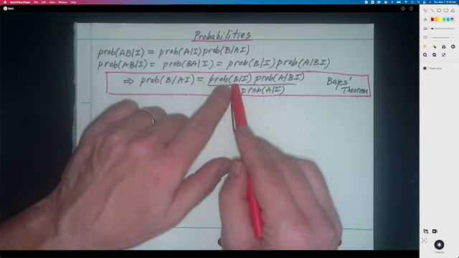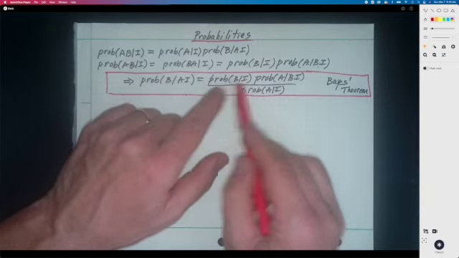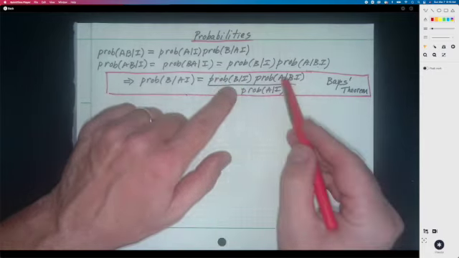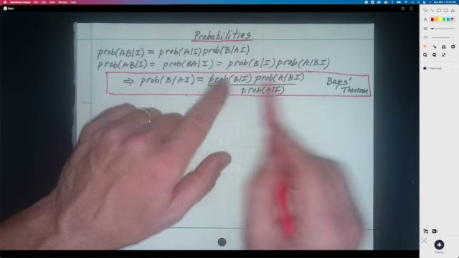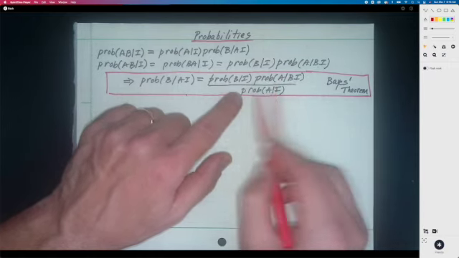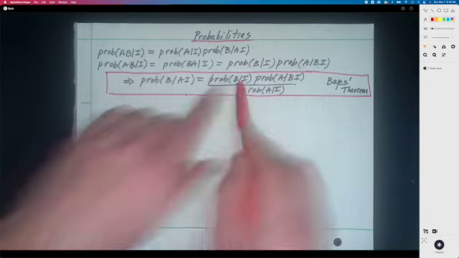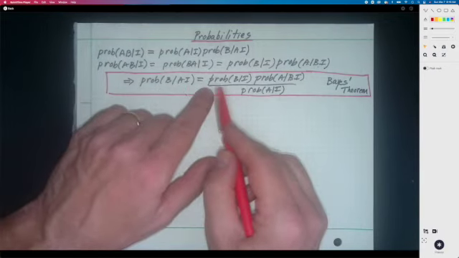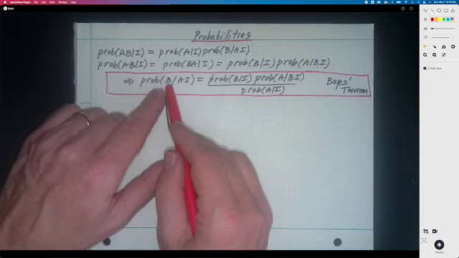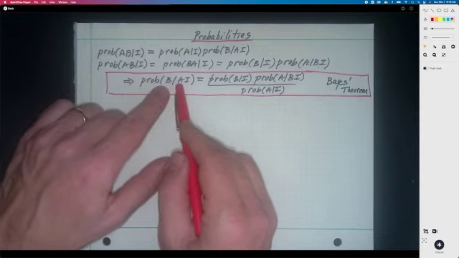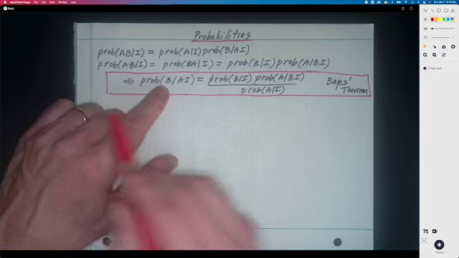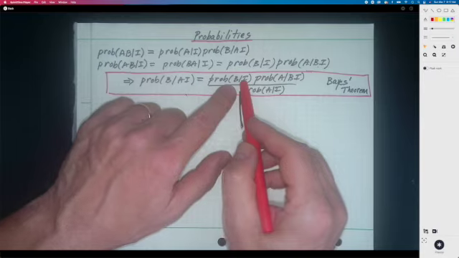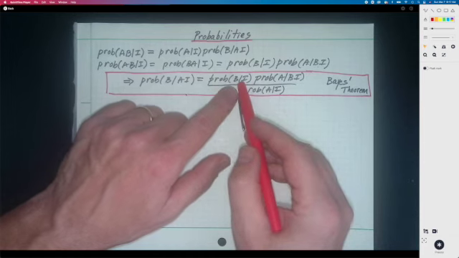For example, if we have some knowledge of B, and we have some plausibility or probability assigned to B, and then we get new information A, we learn about the probability of A, whether it's true or not, we can multiply these two together and then normalize, and then we can update the probability of B. So now we have the probability of B conditioned on A. It allows us to go from this prior probability to this posterior probability, where B now is conditioned on both this new information A and the background information, whereas before it was conditioned only on the background information I. So that's one way in which we can use Bayes' theorem.